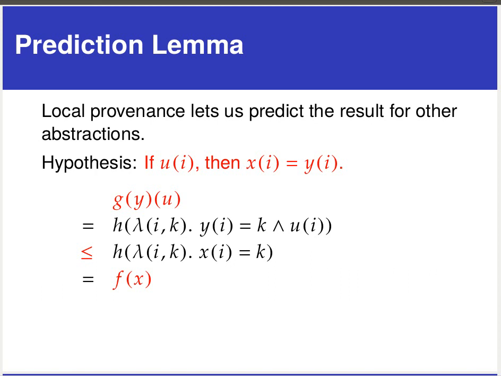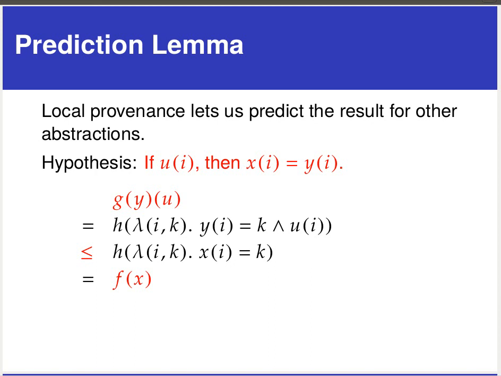Remember that what we're trying to do is to search for an abstraction. We would like to do so without actually trying all the abstractions. So we want to prune this search space without actually running the analyzer on all the abstractions. And this prediction lemma lets us do this on the basis of the local provenance.